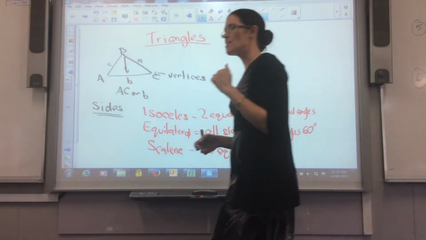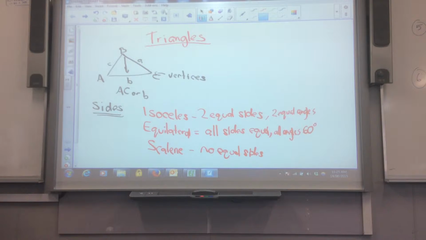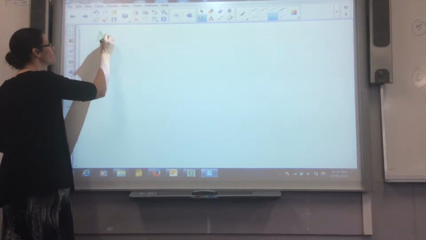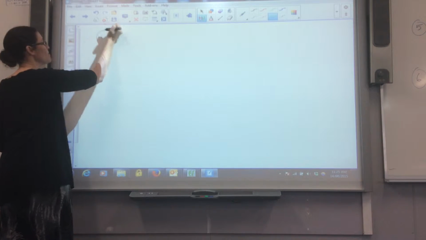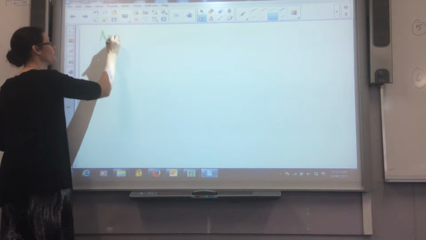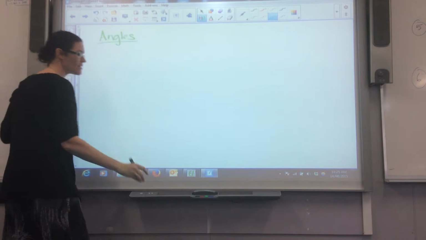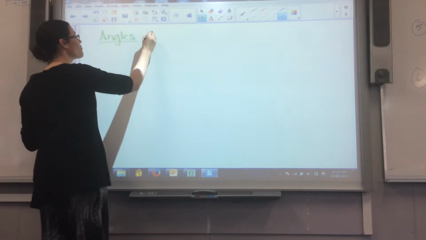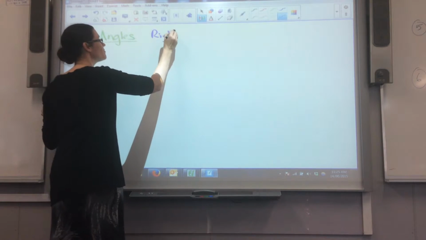We also had three different types of triangles according to angles. Sam already told us one. Okay, so what are our three different types according to angles? Sam already suggested that we had a right angled triangle.